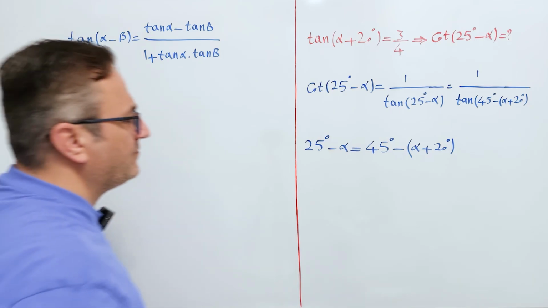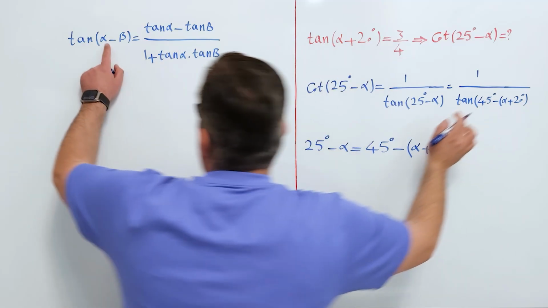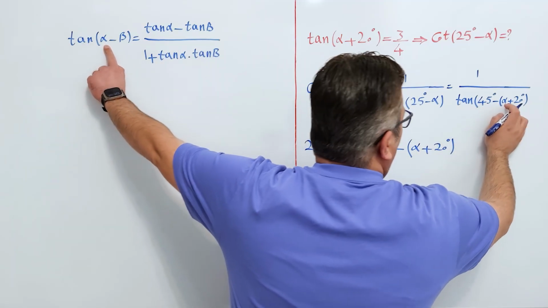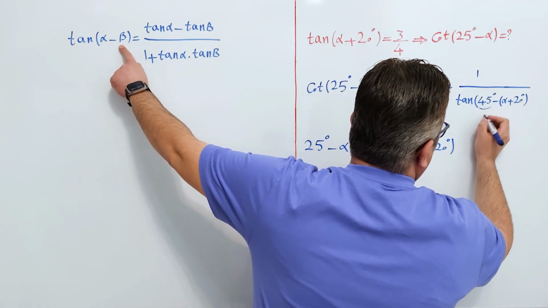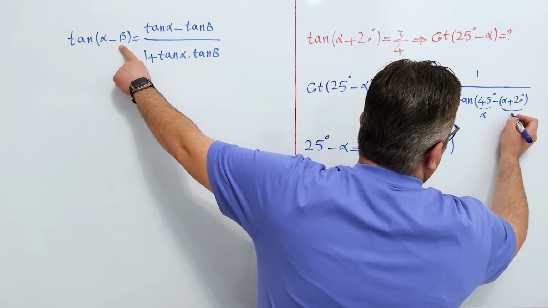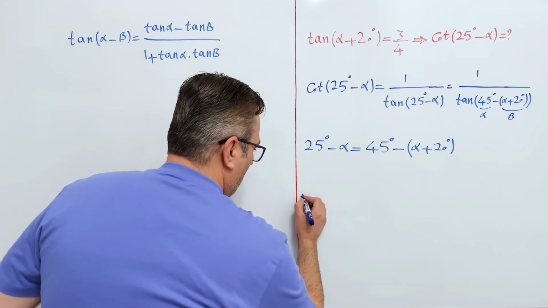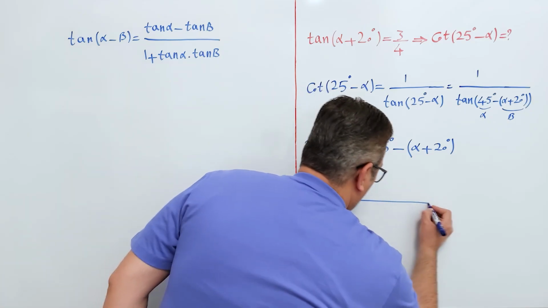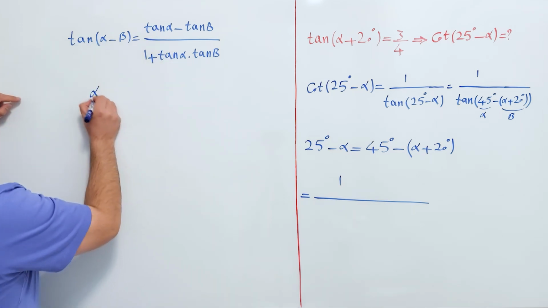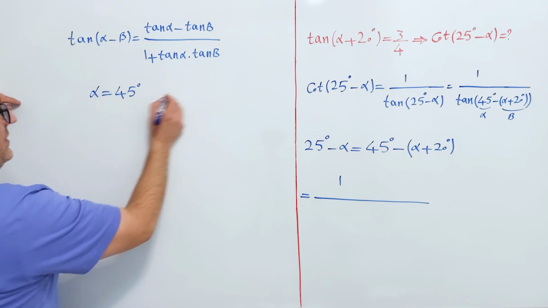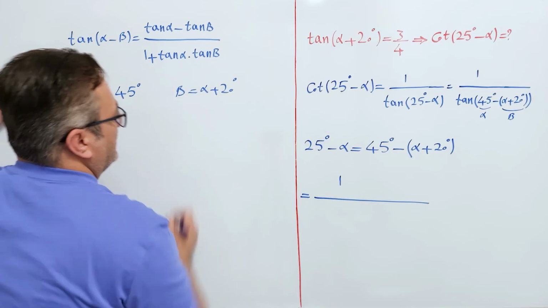Okay, so 45 degrees is alpha, for example, and alpha plus 20 degrees is beta. Alpha here, and here is beta. So we can write 1 divided by tangent of alpha minus beta, where alpha is 45 degrees and beta is alpha plus 20 degrees.